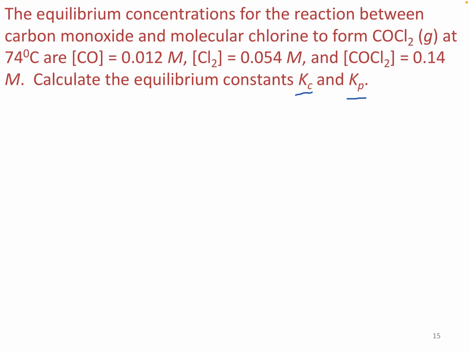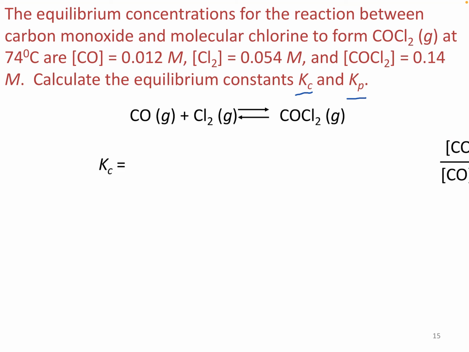Calculate the equilibrium constants Kc and Kp. Well, we're given molarity already, so we should start with Kc, but let's get our balanced equation from the information in the problem. Carbon monoxide, CO, reacting with Cl2, making COCl2. All of these are gases at the given temperature. So there's our balanced equation.